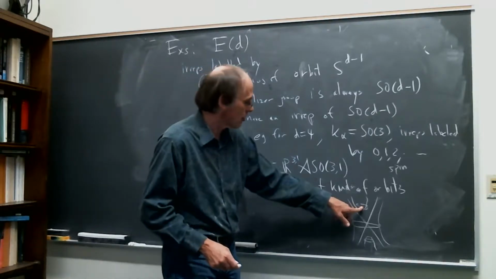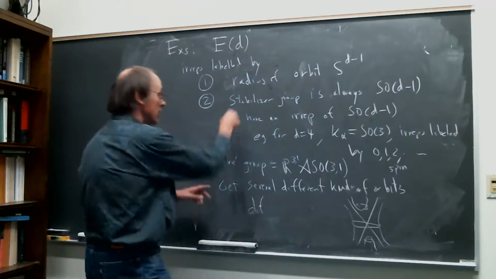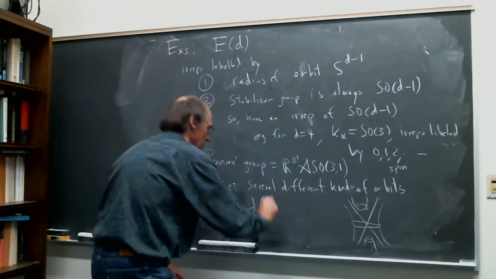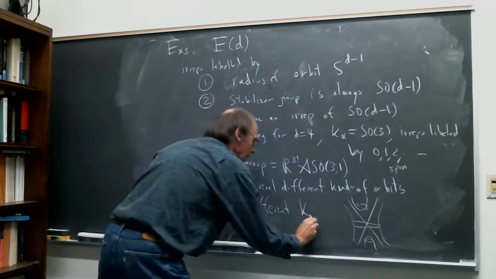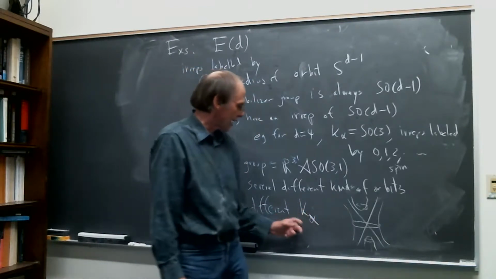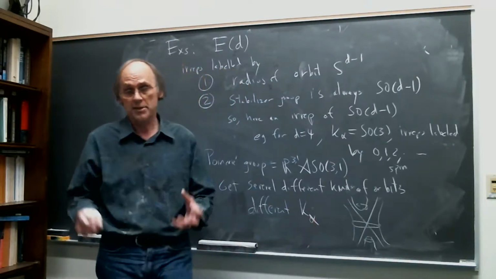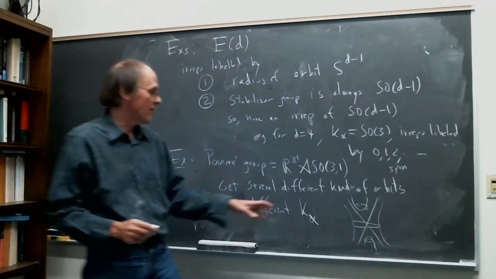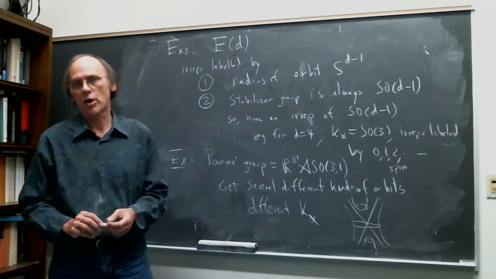And then for each of these orbits, you get a different little group, different stabilizer groups, and you can calculate what the orbits are and what the K alphas are, and they're all groups that we've studied. Then you can list all the irreducible representations of the Poincare group.